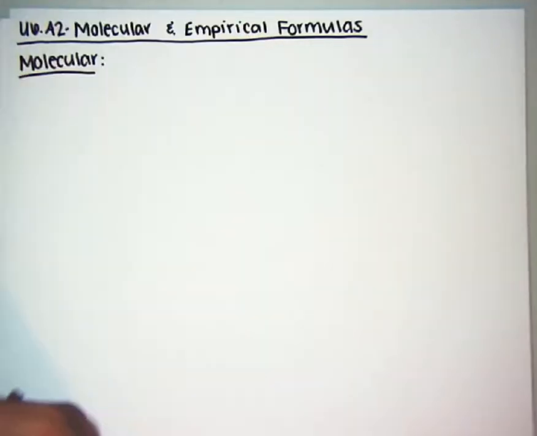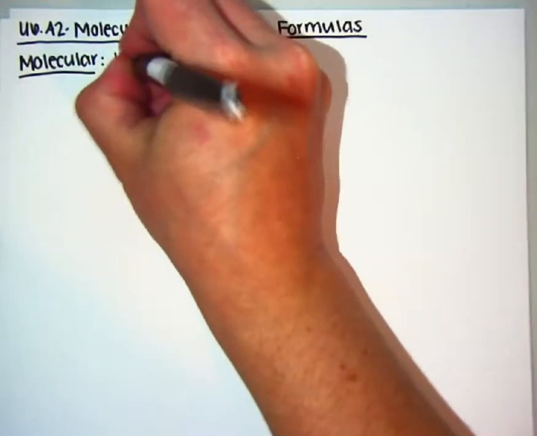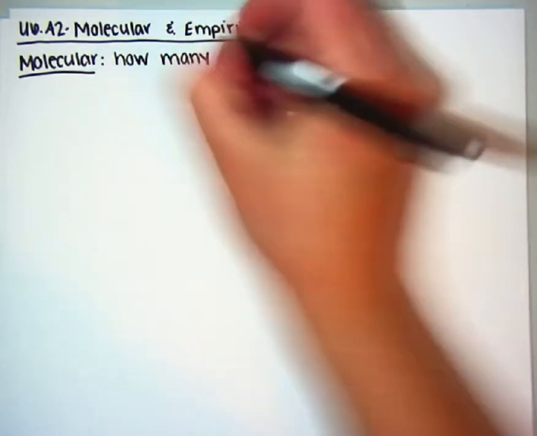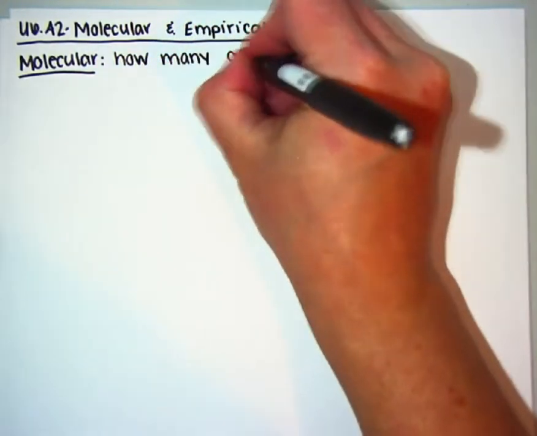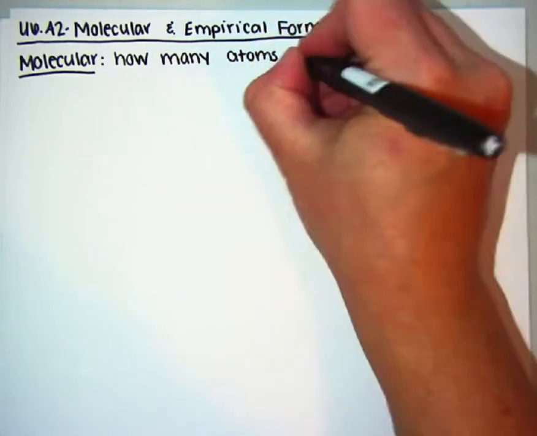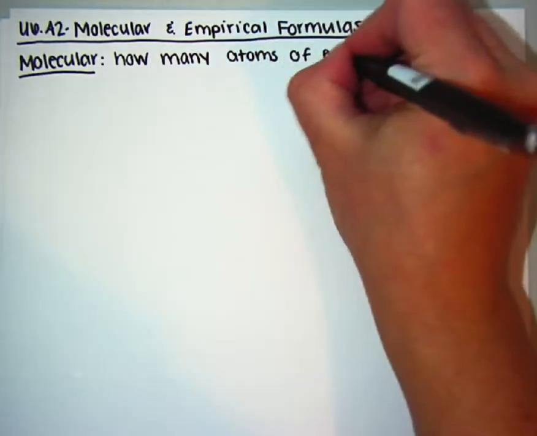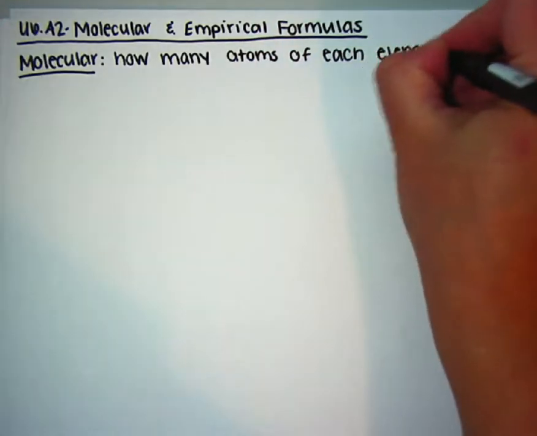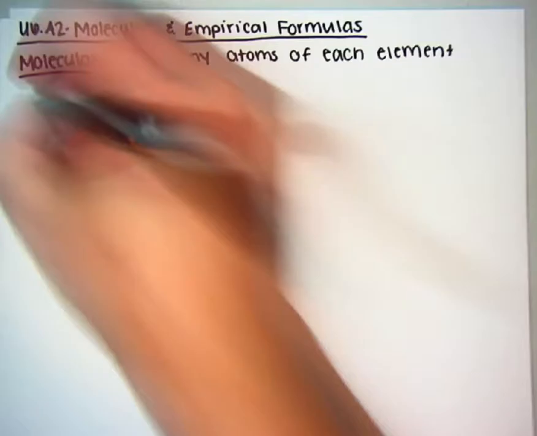When we're talking about the molecular formula, it tells us how many atoms of each element are in a compound.